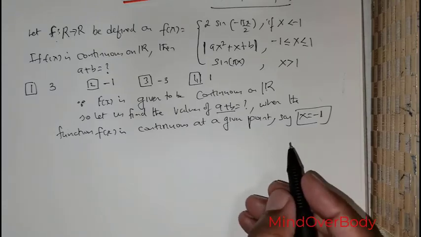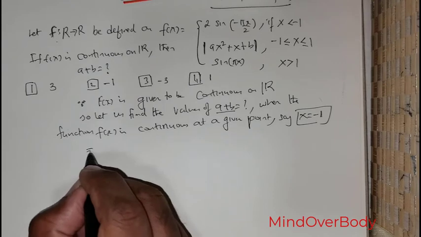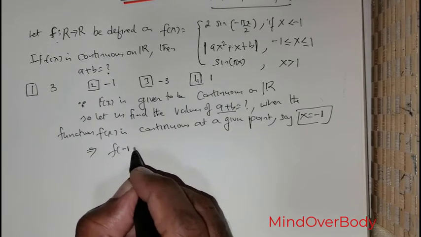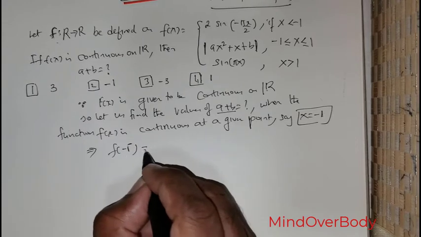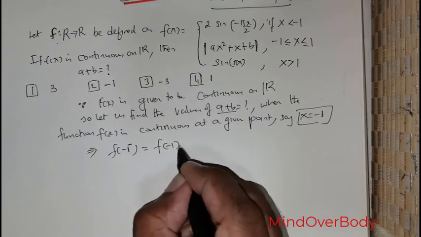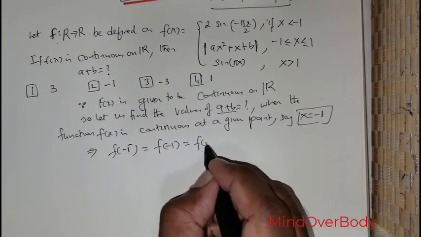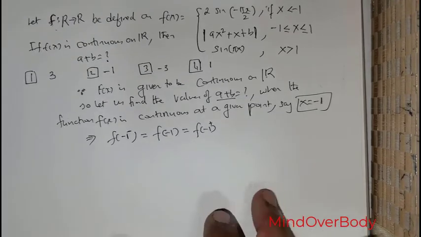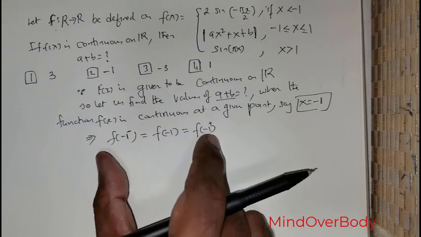So having mentioned this, this would mean f of negative 1 minus is equal to f of negative 1, which is equal to f of negative 1 plus. So this is already given. Why is it already given?